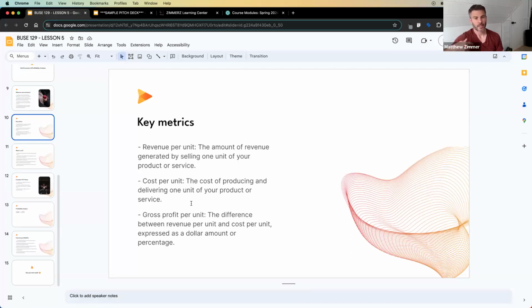That's how much profit we make after the costs of the product have been burned. We'll take a look at a spreadsheet on this in a second and run through an analysis. So revenue minus costs on a per unit basis gives us our gross profit. From there, we can multiply that by how many units we sell, and that gives us the gross profit that we're going to produce in total.